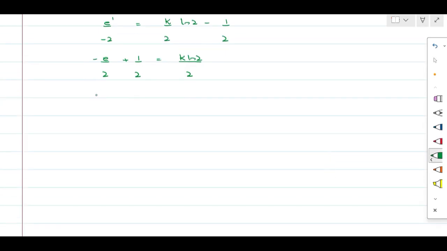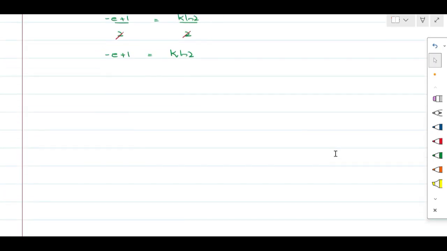Now let me take 2 common from here: negative e plus 1 divided by 2 equals k natural log of 2 divided by 2. So you can cancel the 2 on both sides, and we are left with negative e plus 1 equals k natural log of 2. To solve for k, we have to divide by natural log of 2 on the other side. So from here we got the k value, which is 1 minus e divided by natural log of 2. So this is for k.